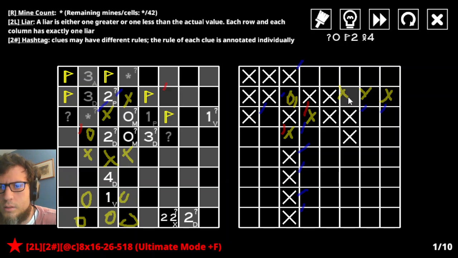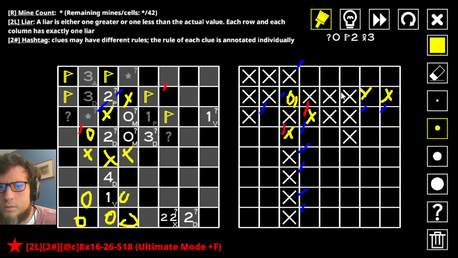If this square's a mine, then okay, so that's not a liar either. Alright, what the heck? Okay, maybe there's stuff with this that forces 2 mines somehow? Like, for instance, if they're both honest, then all these are mines, right?